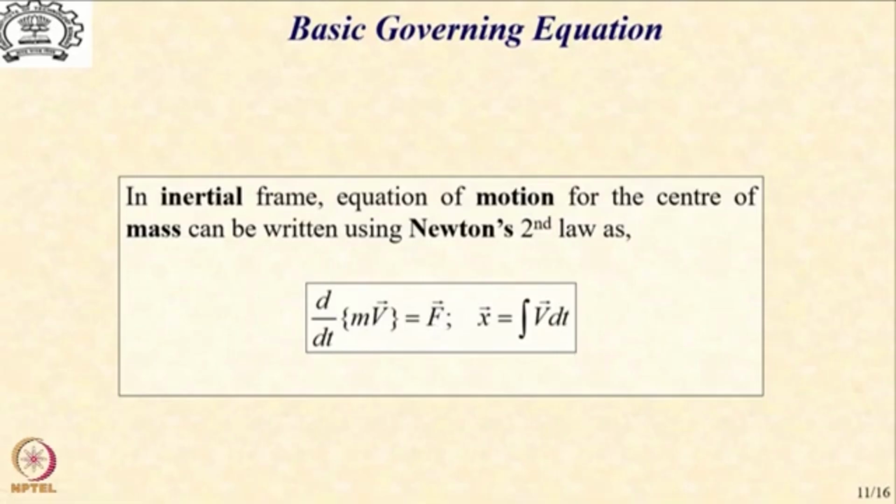Extremely simple representation, and it is of course written in the vectorial form with arrow at the top of the variables, where the position vector x is nothing but the integral of the velocity vector and is the corresponding kinematic equation.